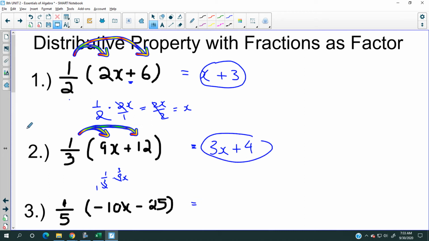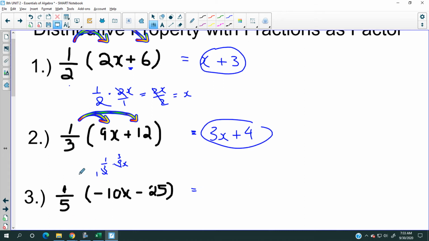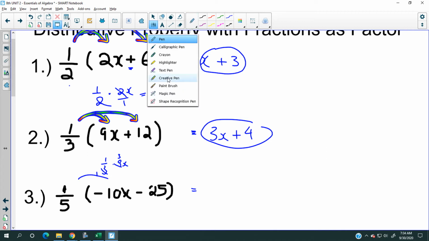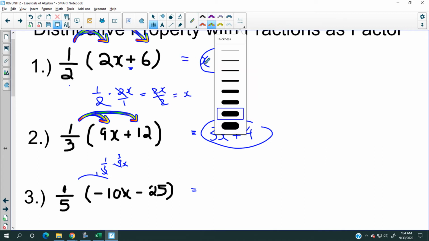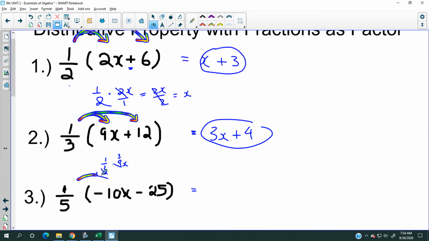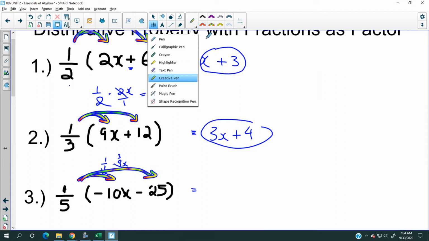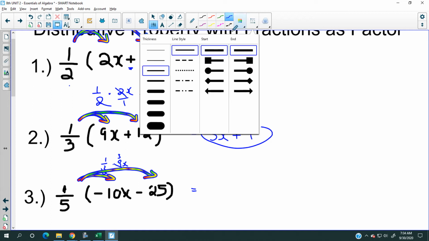Okay, let's do one more. Actually, I want to show you some negative numbers. So let's show one more, and then I'll show you some negative numbers. Again, let's go to the rainbow pen. What does this all mean? Okay, so 1/5. You see this placement of a negative number here? That is not by accident.